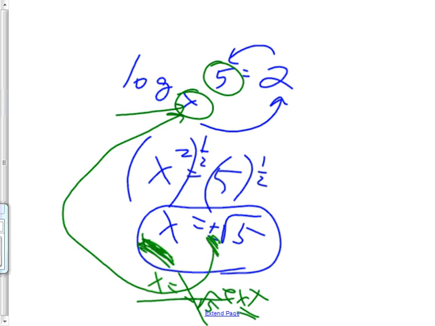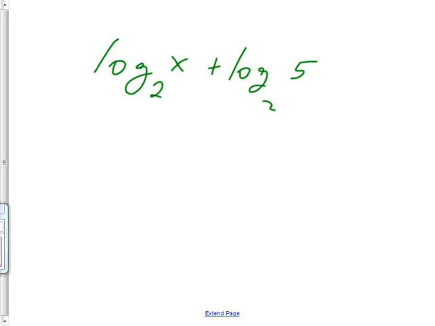Okay, so what if you have logs on both sides, but there's 2 logs on the left side, and there's only 1 on the right side? Well, what if you condense the one on the left, and then you'd only have 1 log on each side?